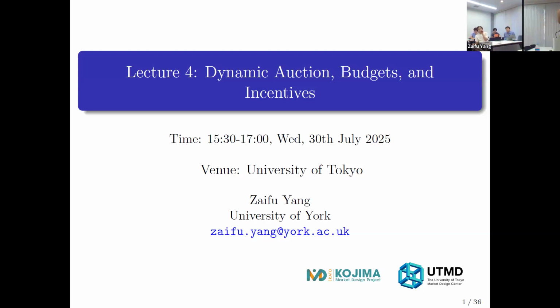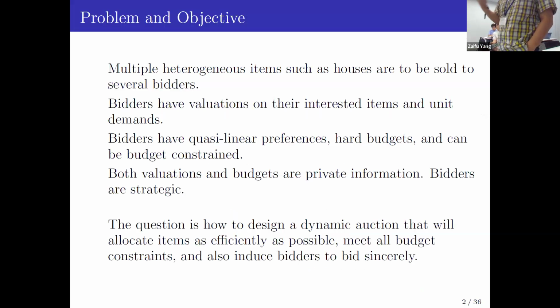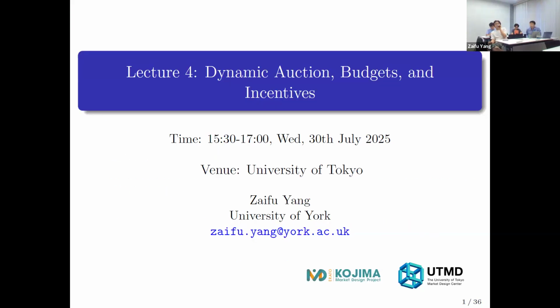In our previous three lectures, we always assumed that every agent has a sufficient budget to buy everything he wants to buy. But in reality, that assumption might not be true. So in this lecture, we are going to consider the assignment market, in which every household just wants to buy one house.